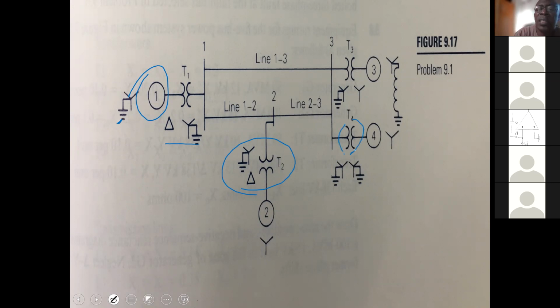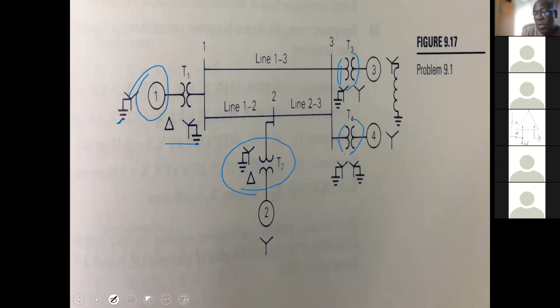Here we have a star star. Here we have grounded star, grounded star. We have a grounded star, star. Good. Very important, because for these, it will help us in determining the zero sequence networks. So we'd have to take note of that.